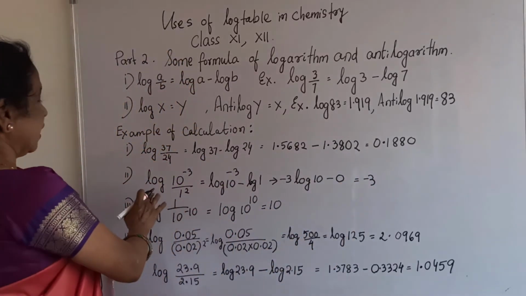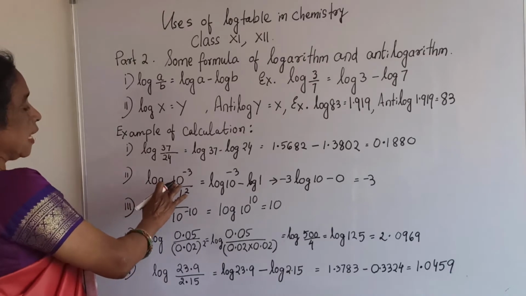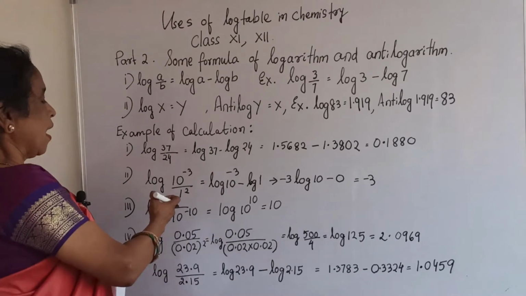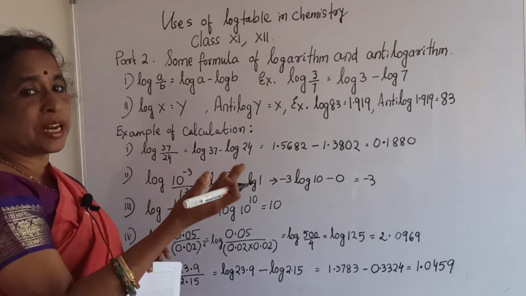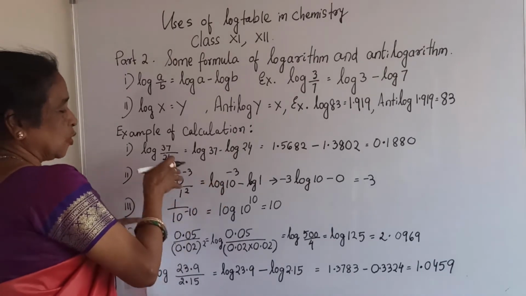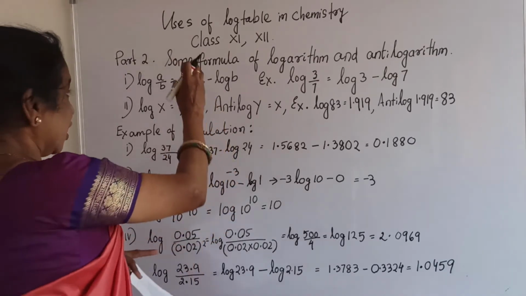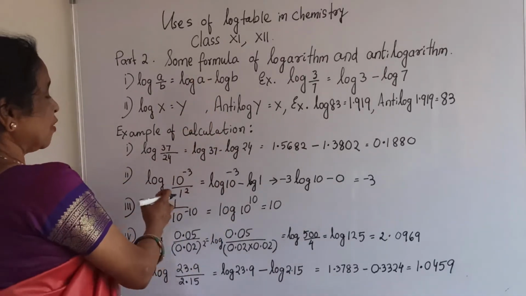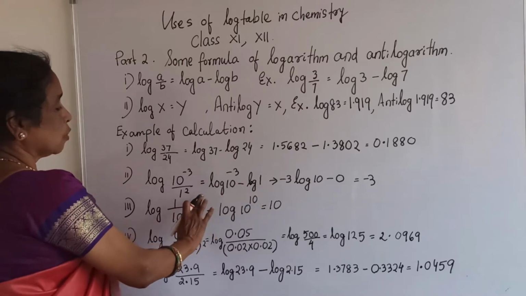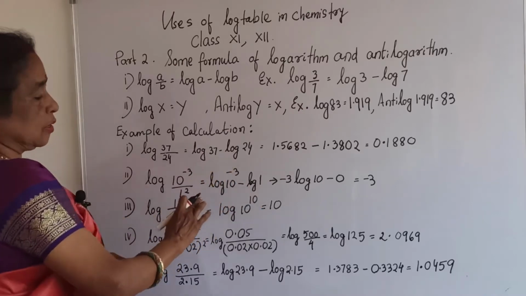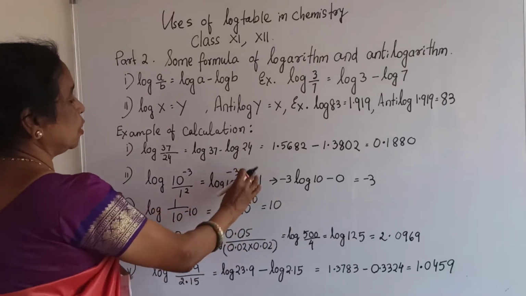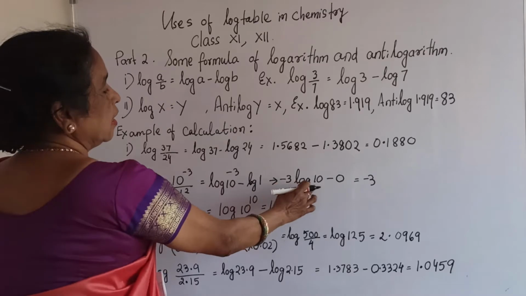Then you make a minus, the value comes to 0.1880. Then let us take the example log 10 to the power minus 3 by 1. Sometimes you may get confused, but according to the formula, here you can put log A minus log B. So log 10 to the power minus 3 and log 1 equal to 0, this value comes to 0, and here minus 3 log 10.